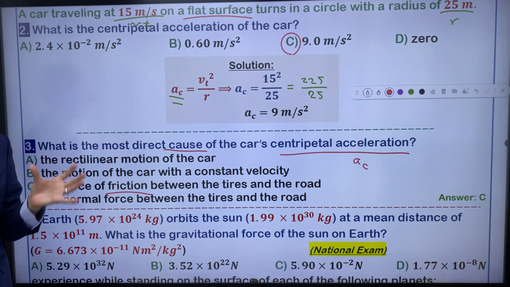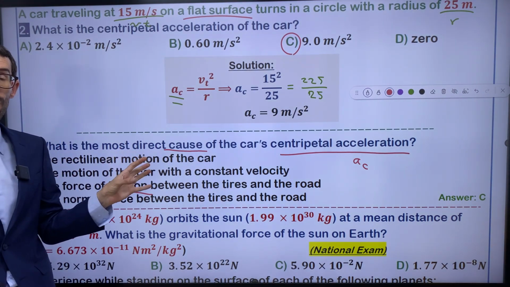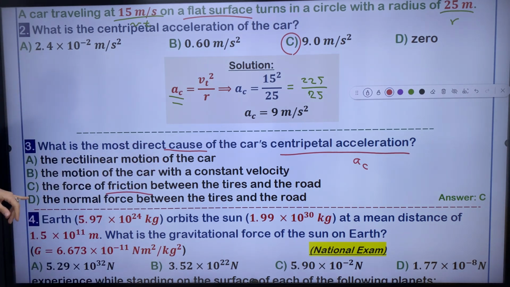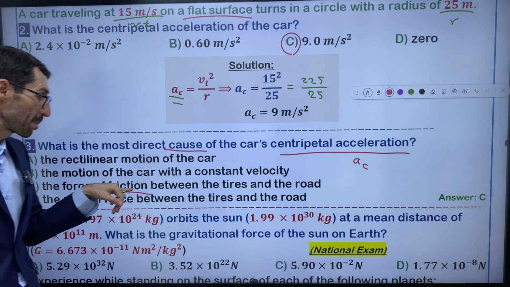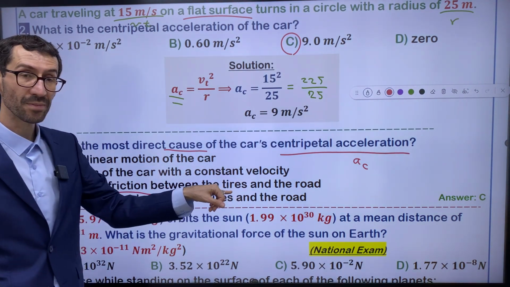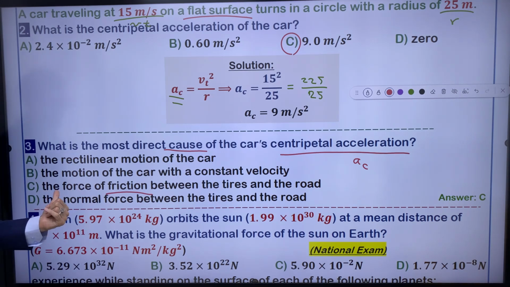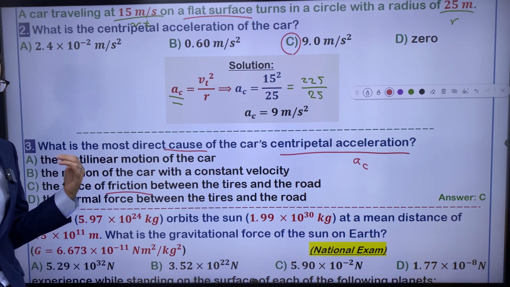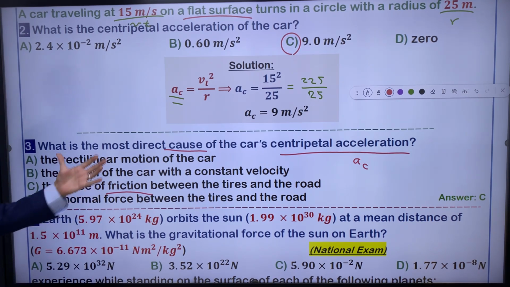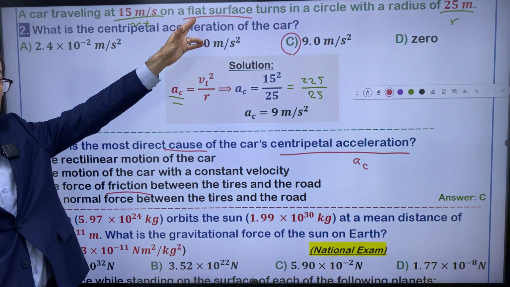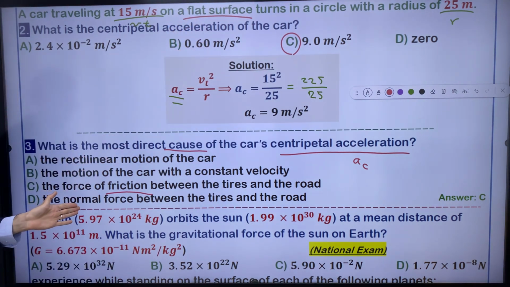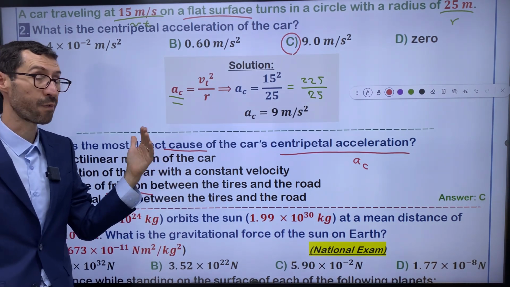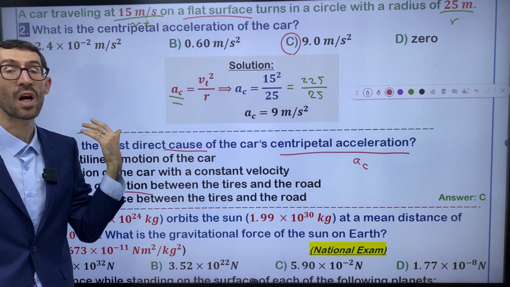In a flat circular track, only friction is in charge of creating centripetal force, right? The normal force between the tires and the road. Normal force can be a source of centripetal force and acceleration, no problem, but not in a flat surface. It can be a source especially in a sharp turn.